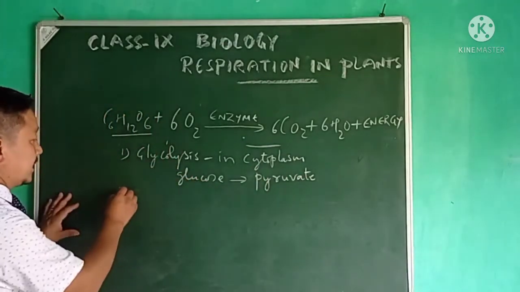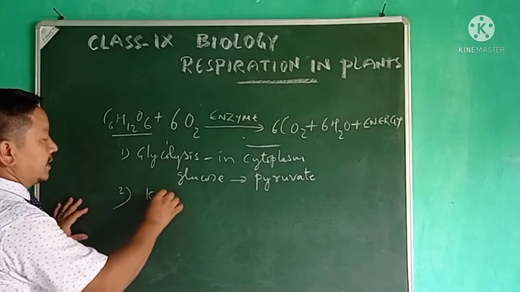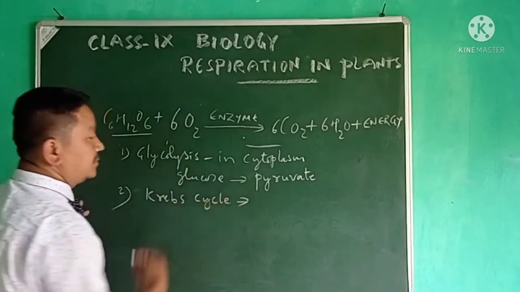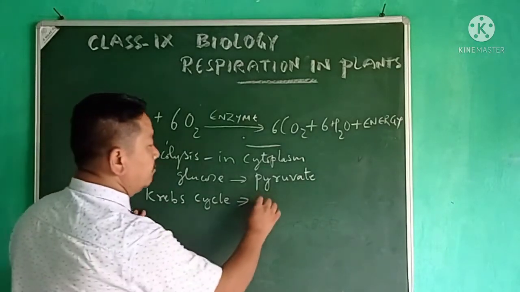Then the second step is the Krebs cycle. This Krebs cycle takes place in mitochondria.